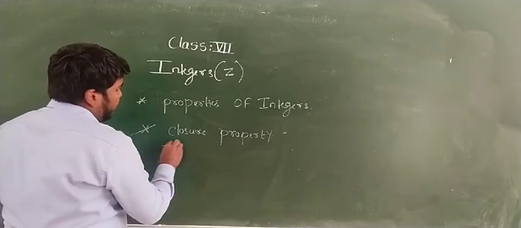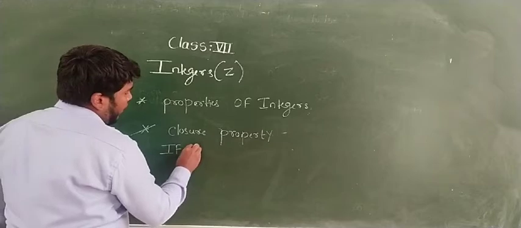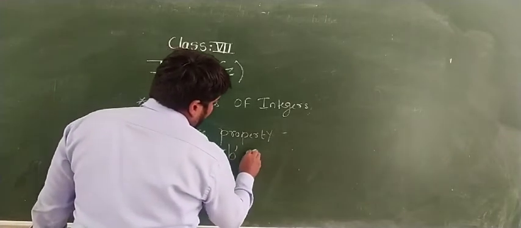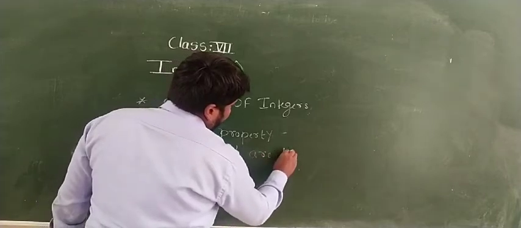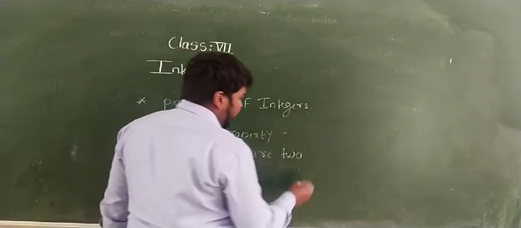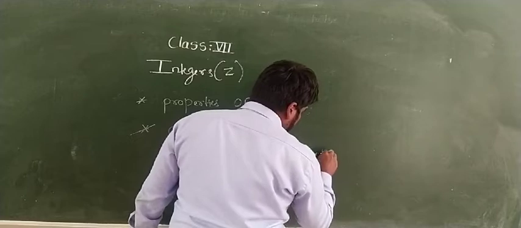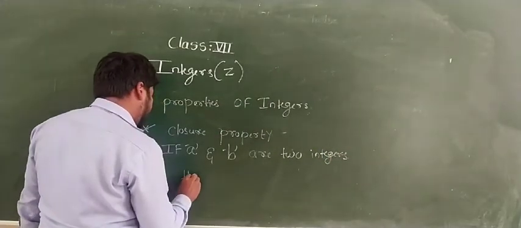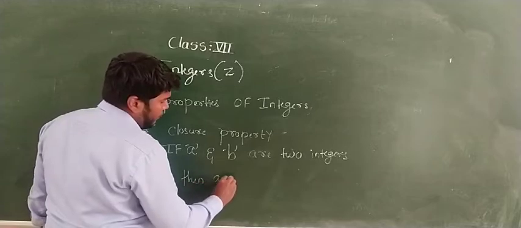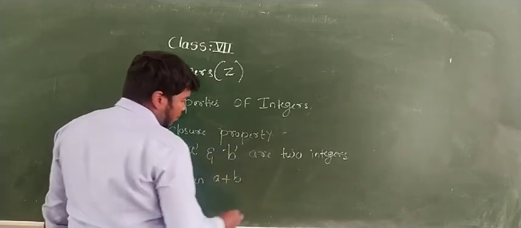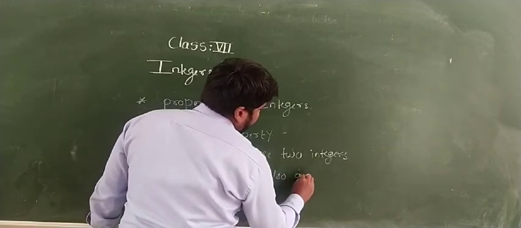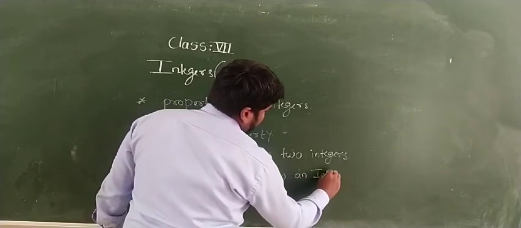That is, if A and B are two integers, then A plus B is also an integer.